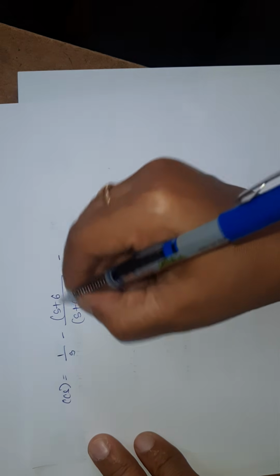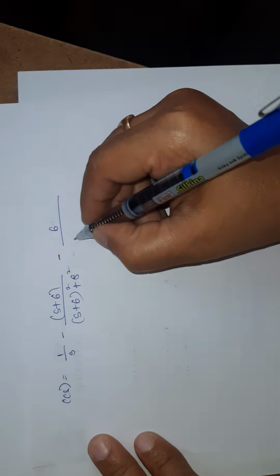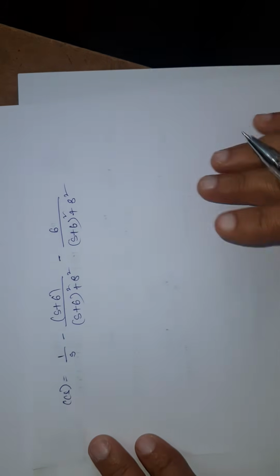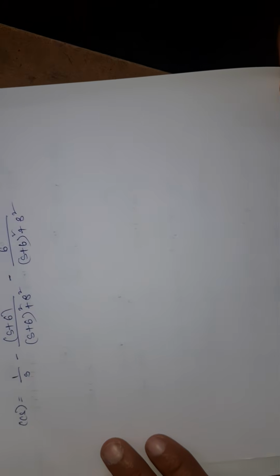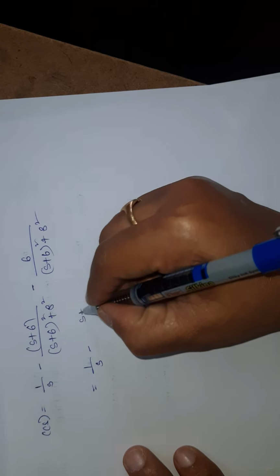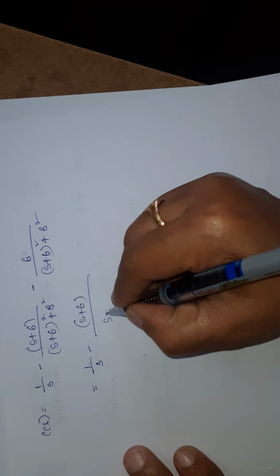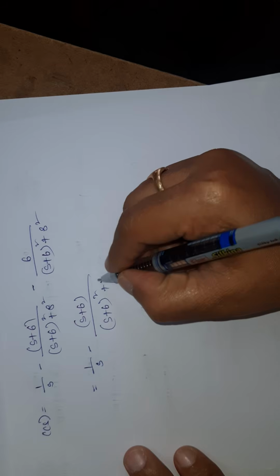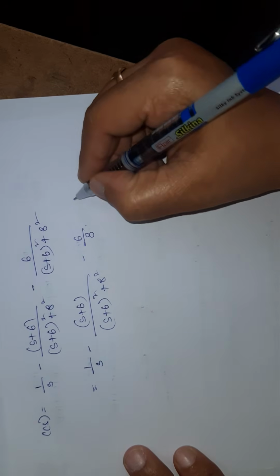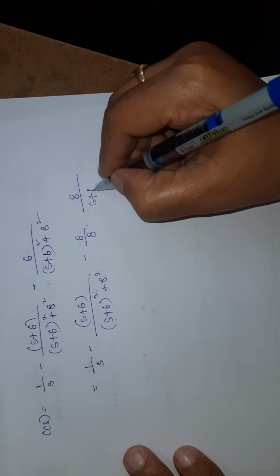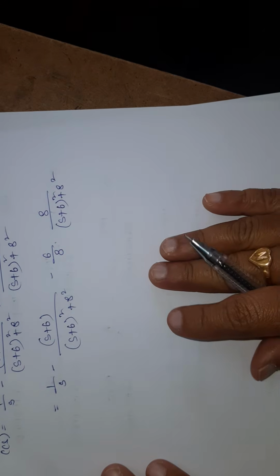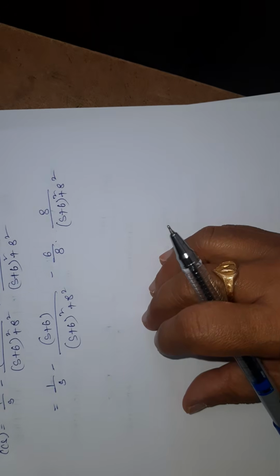So minus 6 divided by s plus 6 whole square plus 8 square. I am simplifying this like this.